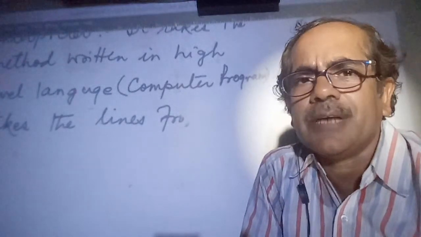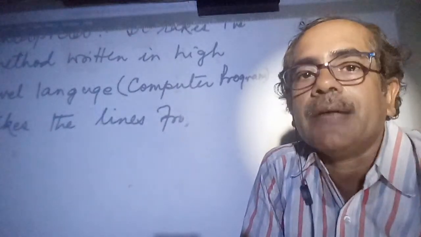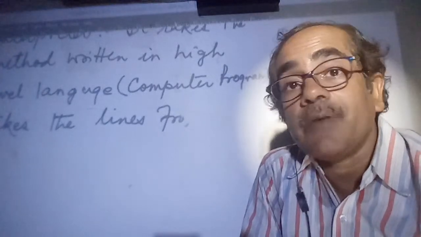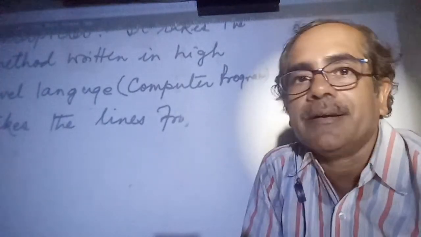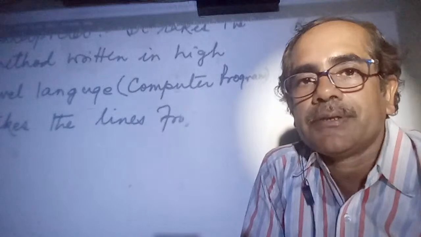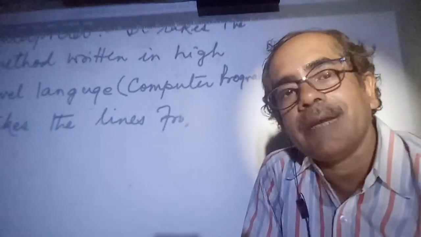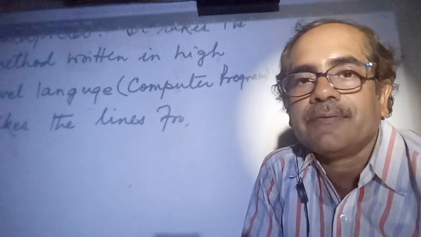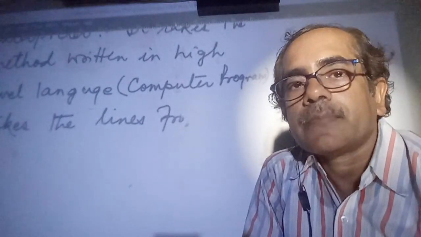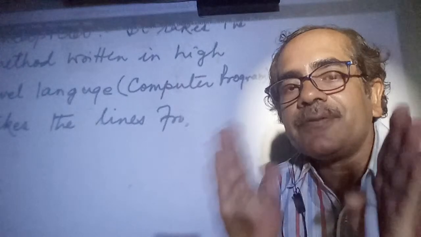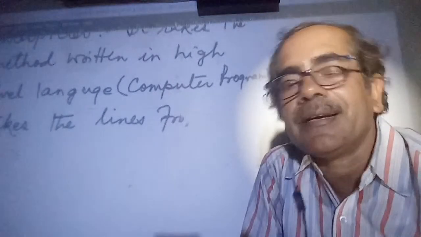Particularly wrong with Java, because Java needs something else also. Java is not a fully compiler based language. So when I come specific to Java, I will discuss the difference of this. So this is the difference of compiler and interpreter.